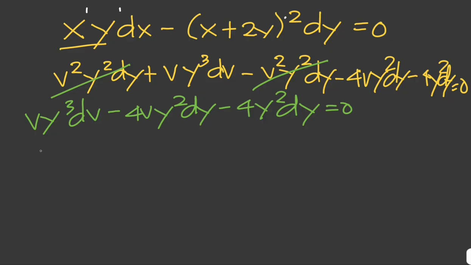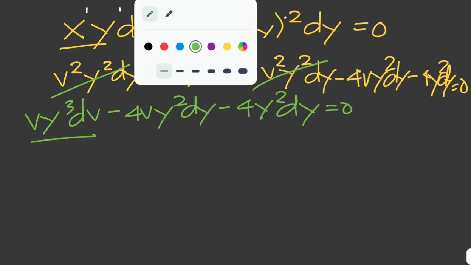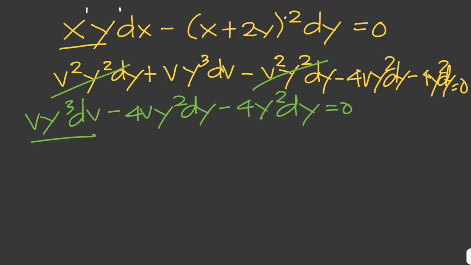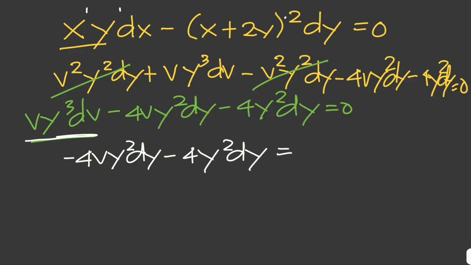Now we can isolate the terms with dv and dy. So we can write the terms with dv on the right and the terms with dy on the left. So we have negative 4vy squared dy minus 4y squared dy equals, we transpose this to the right since this is positive, then transposing it to the right, it would become negative.